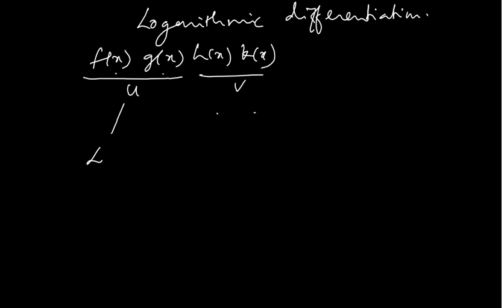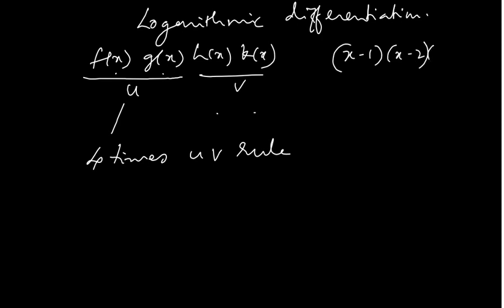So 4 times you use the UV rule. In the same way you have division also, too much actually, like x minus 1 into x minus 2 into x minus 3 divided by 2x plus 3, 5x plus 2, whatever. So when you have to differentiate these things, it is complex and it will take a long time and more work also.